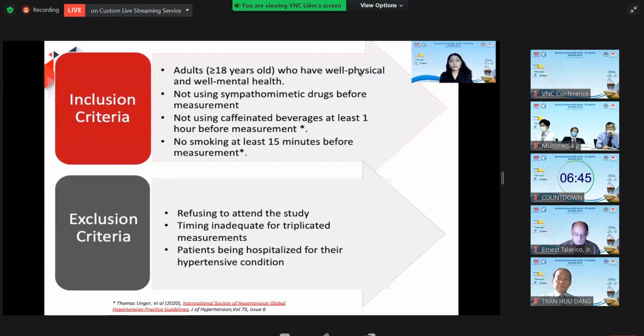Regarding the exclusion criteria, we exclude people who refuse to attend the study or have inadequate time for duplicated measurement, and patients being hospitalized for their hypertensive condition.